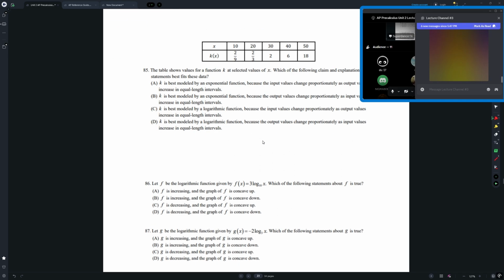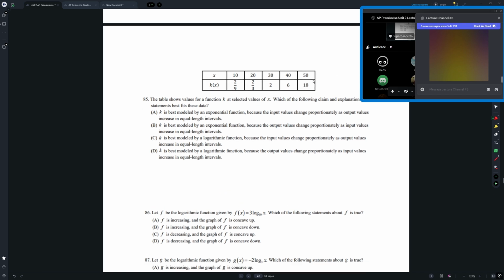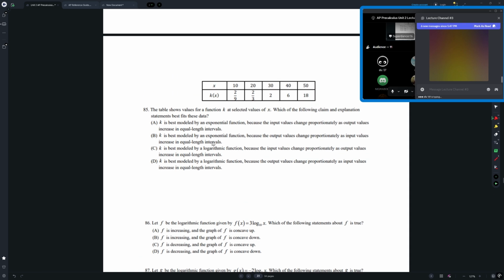Next, we'll do these two. We'll do 85 and 86.